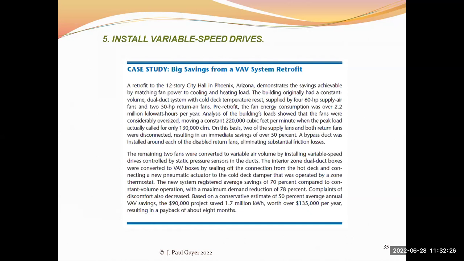The interior zone dual duct boxes were converted to VAV boxes by sealing off the connection from the hot deck and connecting a new pneumatic actuator to the cold deck damper that was operated by a zone thermostat. And the new system registered average savings of 70% compared to the constant volume operation, with a maximum demand reduction of 78%.